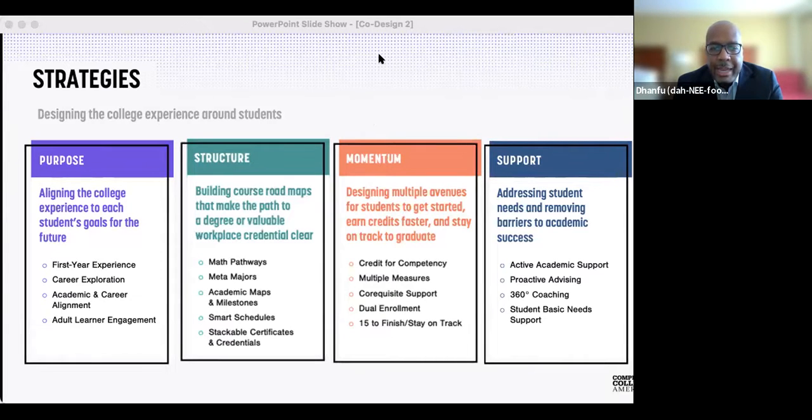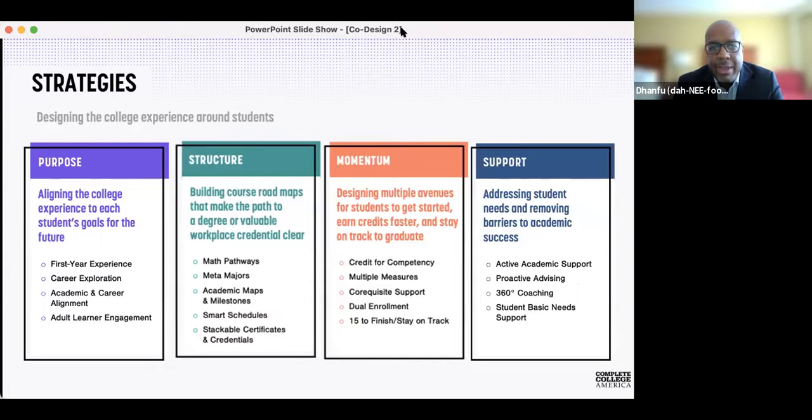And then last but not least, as I mentioned a little earlier, the support pillar is just the reality that we have to have guardrails. We've had conversations in our advisory group with people saying, my students are trying to figure out how they get access to Wi-Fi, and they feel disengaged from their classmates, and that's why they chose an HBCU.